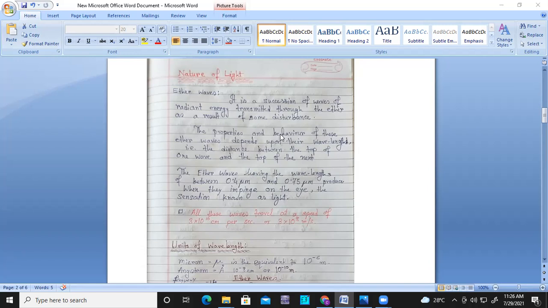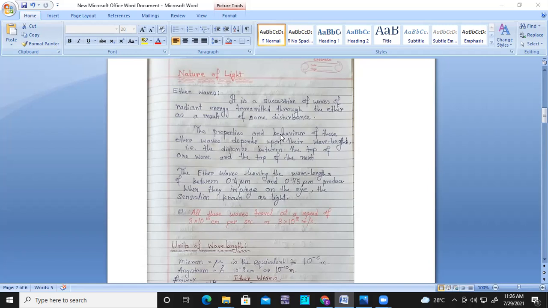Now, ether waves having a wavelength between 0.4 micrometer and 0.75 micrometer, when they impinge on the eye, create a sensation, and this is called light, the visible light.